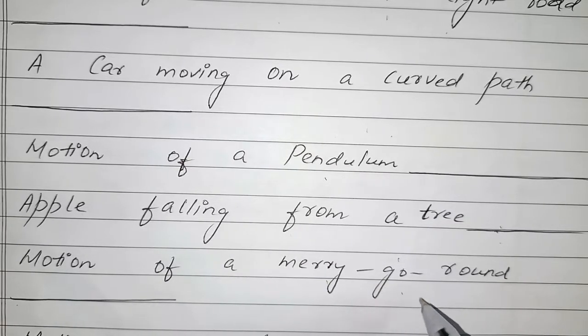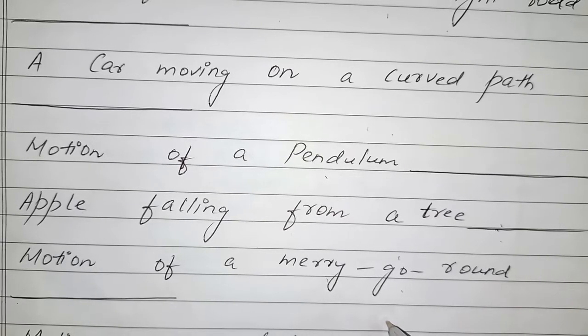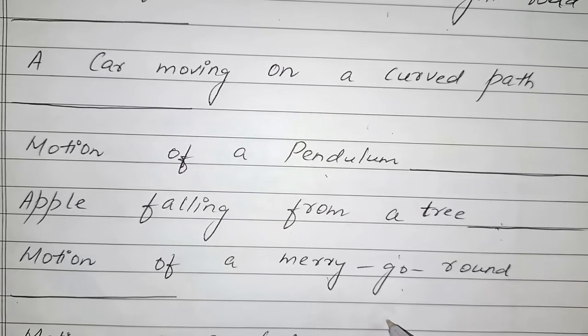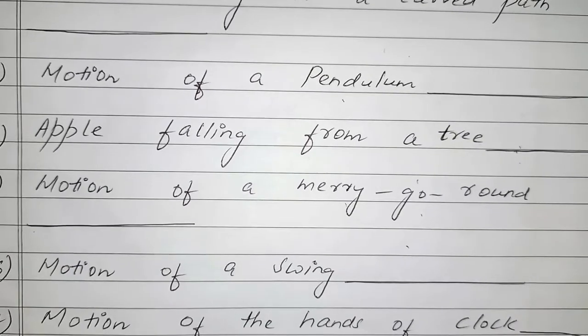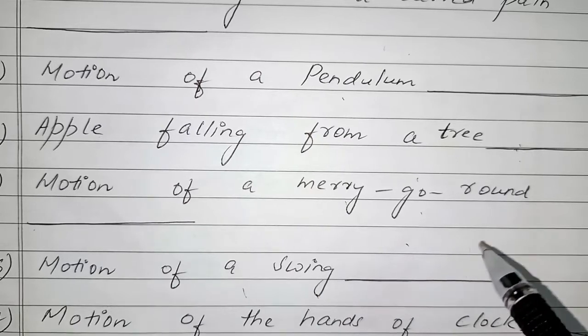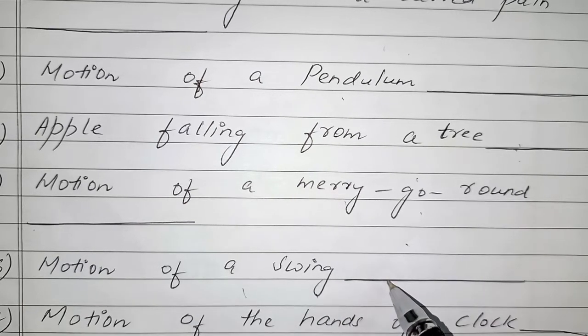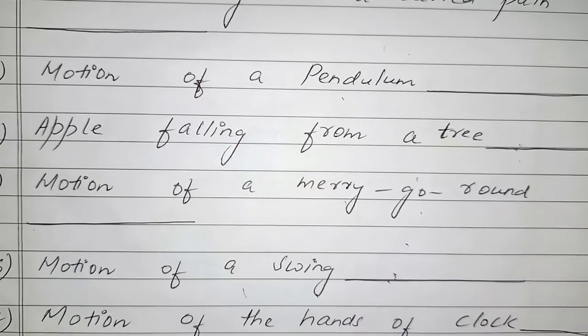As it is moving around a fixed axis, the motion will be rotatory motion. Now number 6, motion of a swing. A swing moves to and fro, from back to front and again from front to back, so again it is oscillatory motion.